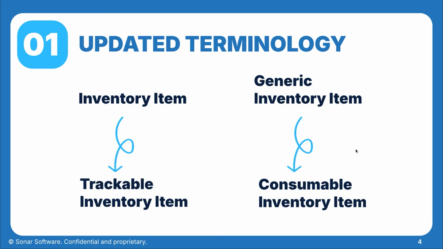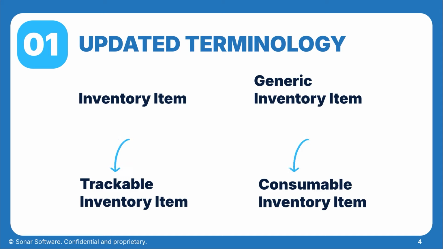So just a little bit of table setting here before we get in. As part of this release, we did shift some terminologies, and I'm going to get into what these two things mean in case you're not intimately familiar, but just wanted to set the table because these terms have shifted somewhat recently. And from here on out, I will be using the new terminology. So what was formerly referred to as an inventory item is now a trackable inventory item.